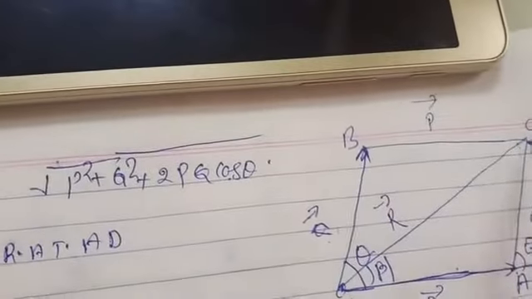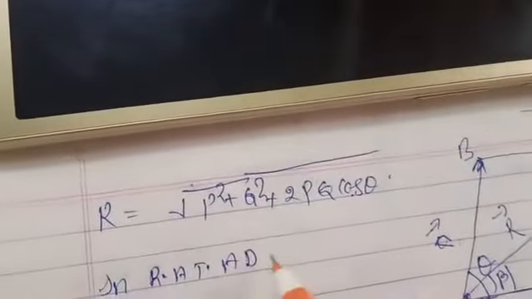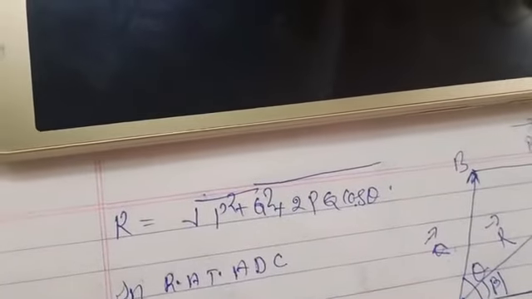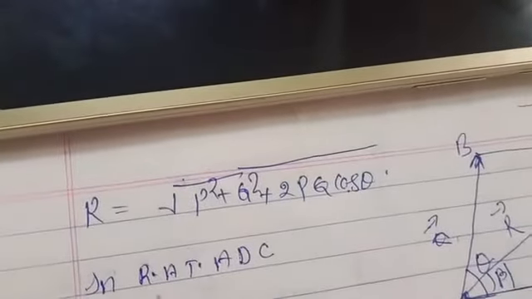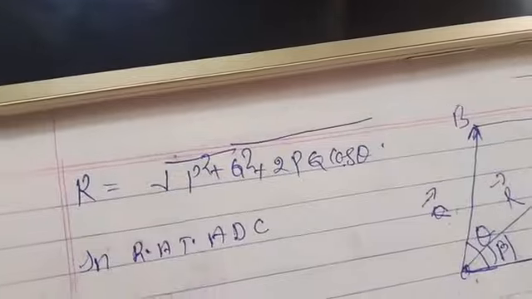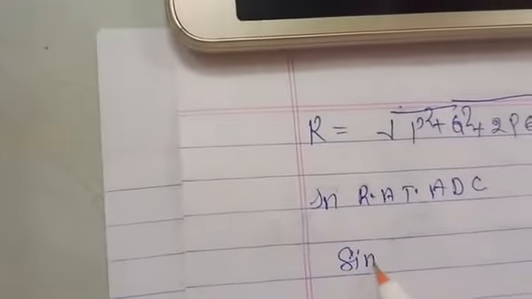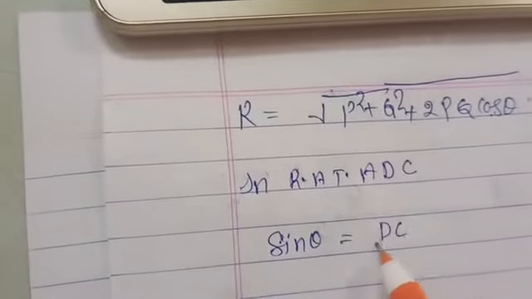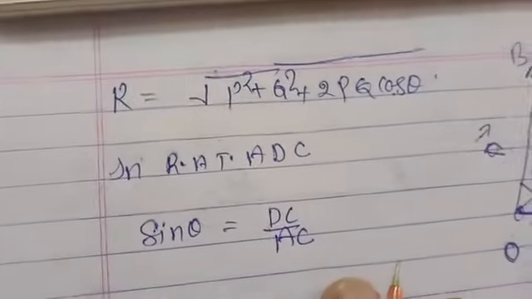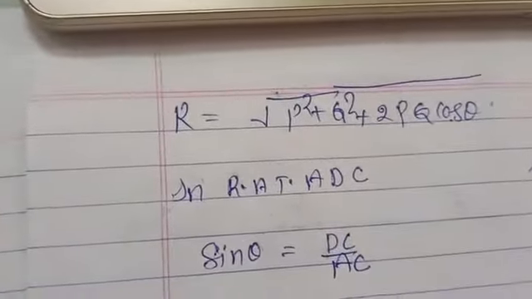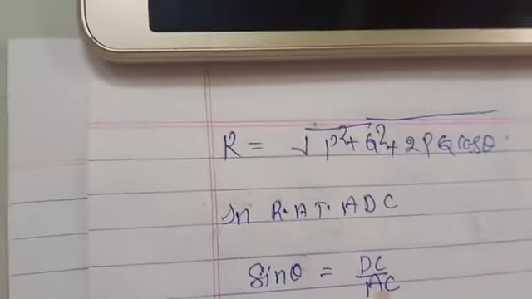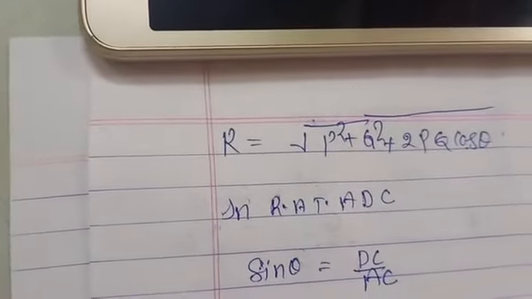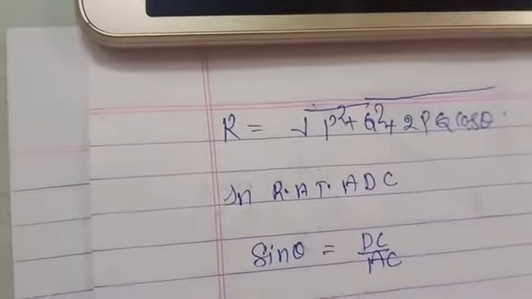So now in right angle triangle ADC, sin theta is equal to DC upon AC. So therefore DC is equal to AC sin theta.